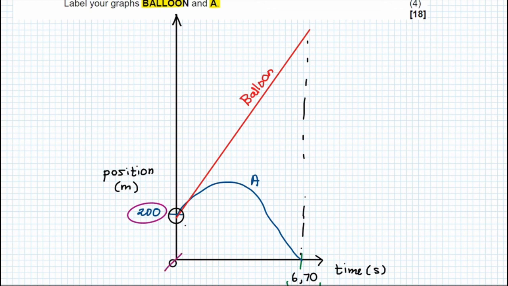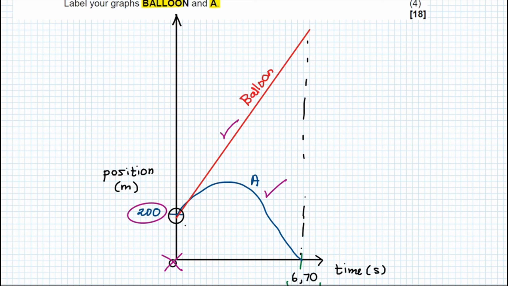It must not start on the ground. So that's 1 mark for that graph. You're going to get 1 mark for the shape of your graph for the hot air balloon, and it must also start at 200 meters as we have done here.